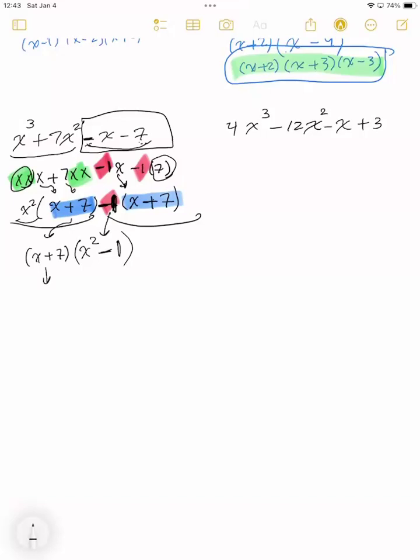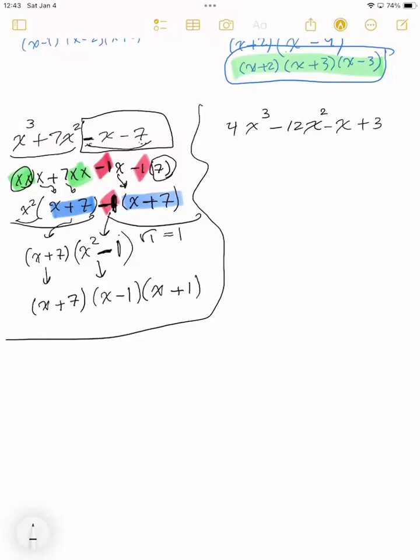Sometimes you cannot factor the parentheses, like I cannot factor x plus 7. In this case, I can factor x squared minus 1. I have the difference of two squares. The square root of 1 is 1. So I write it as x minus 1 and x plus 1. And that is my final answer.